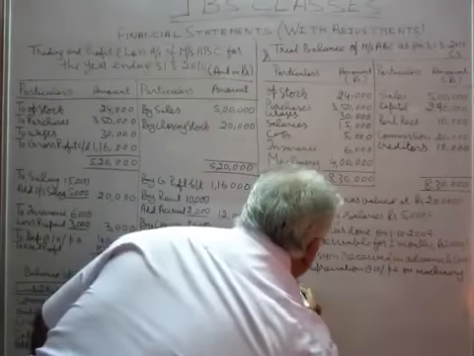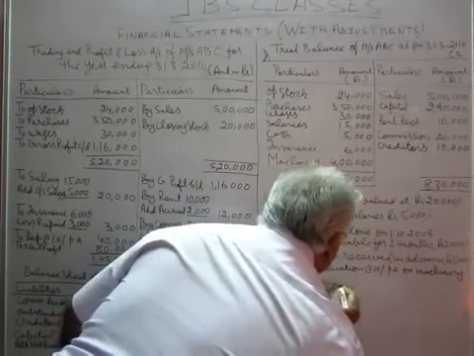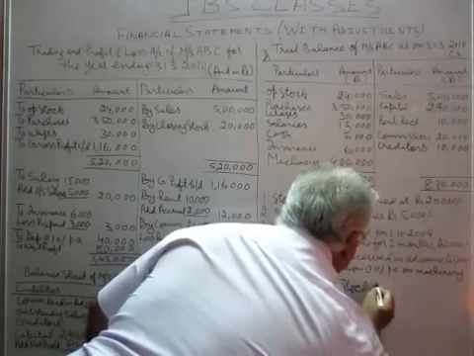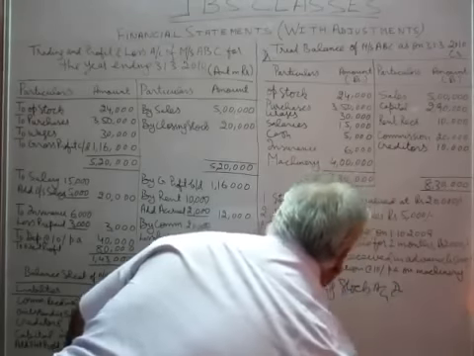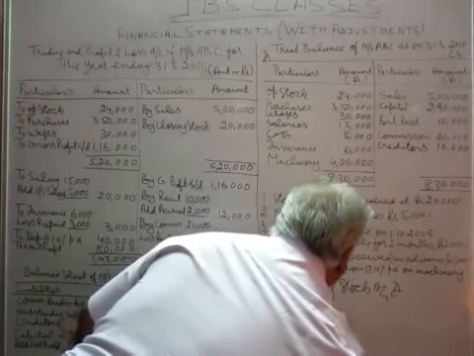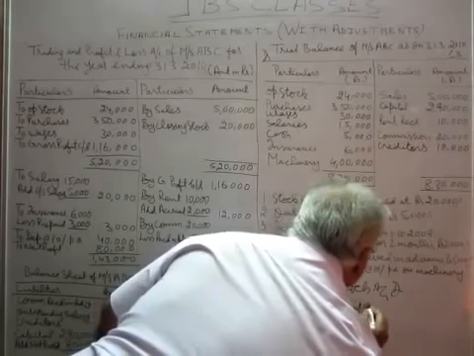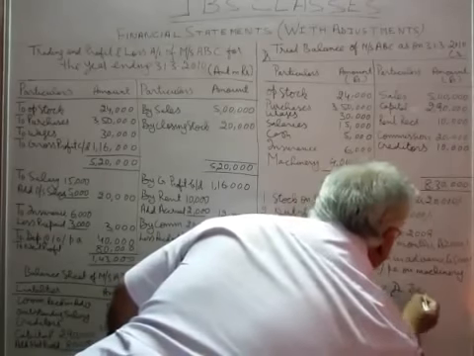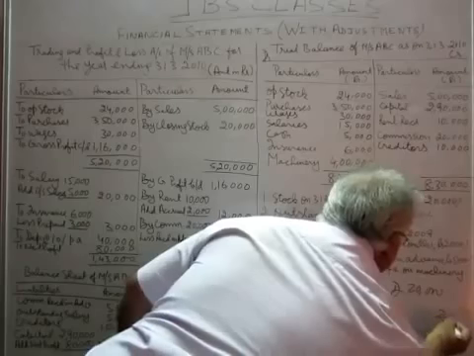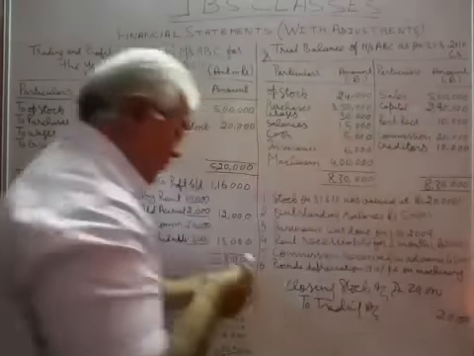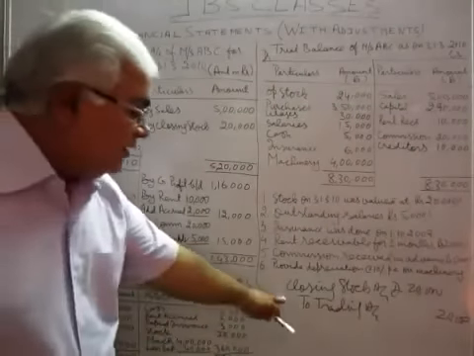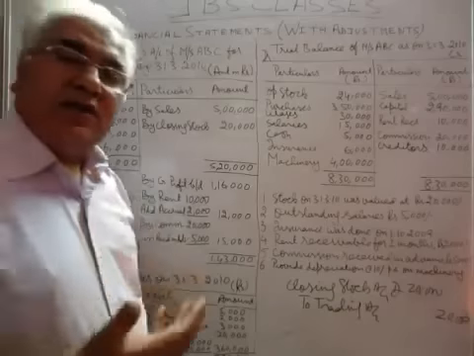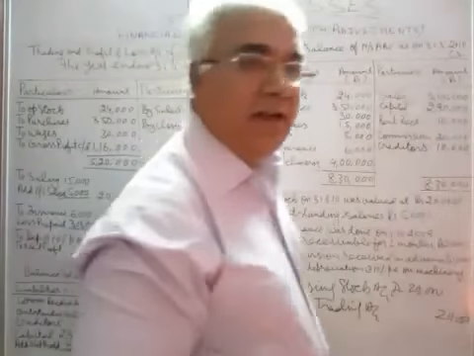Entry to be passed is closing stock account debited to trading account, that is 20,000. Now you see, because of this entry, now closing stock account has come into existence, right?